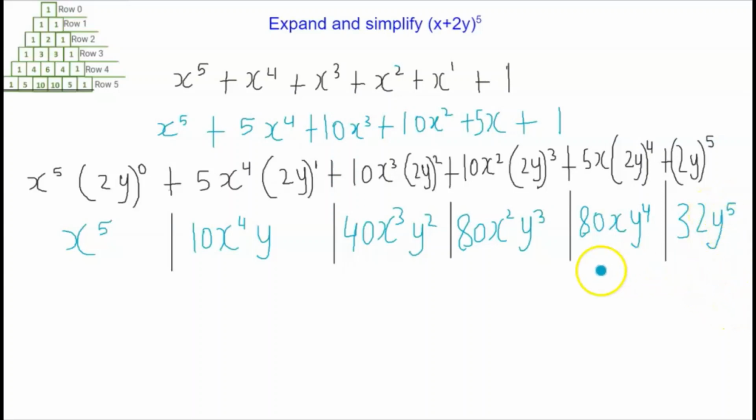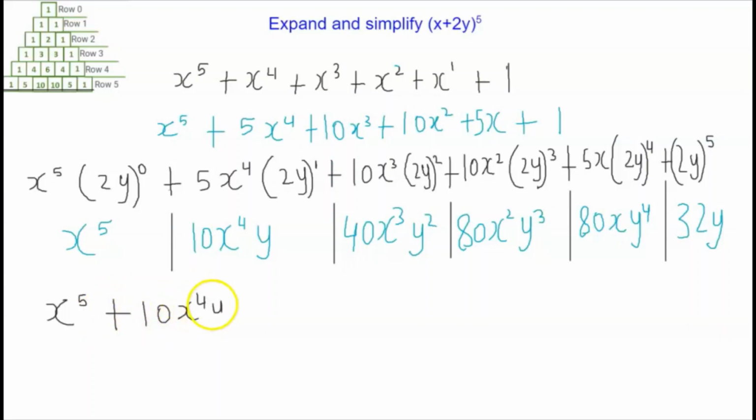Now what we're going to do is combine all this. So we've got our x to the 5, I'll do it in black again, and this will be our final answer. Sorry this is taking so long, but it's quite a long answer, you've got to make sure you don't slip up. So we've got x to the 5, plus 10x to the 4.